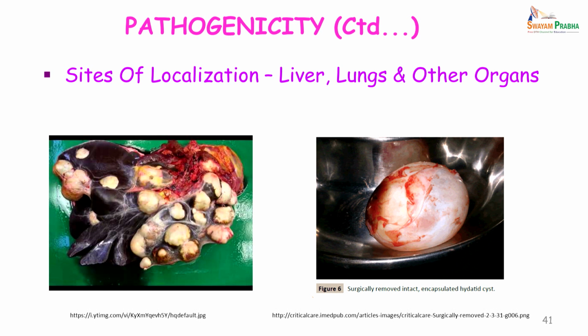Sites of localization could be the liver, the lung, and other organs. On the left side, you see a picture of a liver which is studded with hydatid cysts, and on the right side you see a picture of a hydatid cyst which has been removed completely from some organ, most probably the liver.